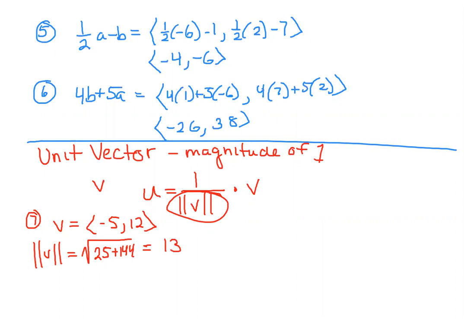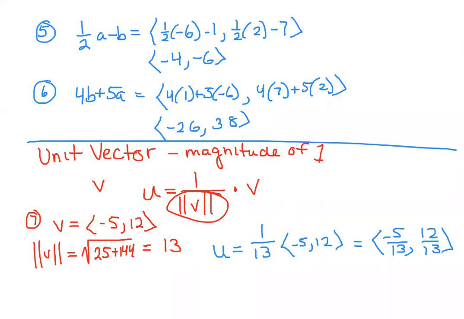So now our unit vector equals 1 over 13 times our vector. So that equals (-5/13, 12/13).